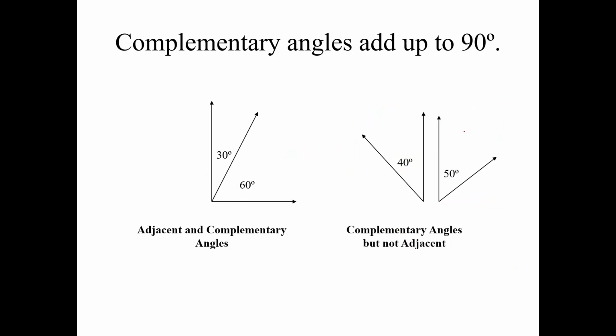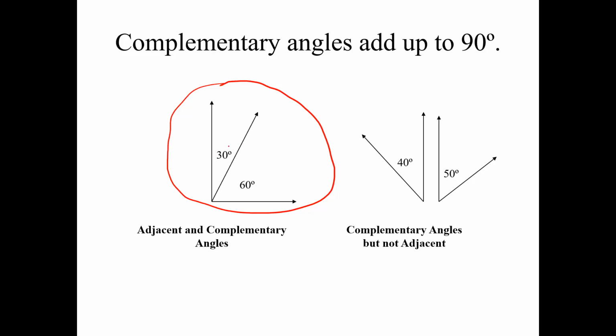Okay, the next one is the complementary angles. The difference between supplementary and complementary is pretty simple. Supplementary angles add up to 180, while complementary angles add up to 90 degrees. That's the only difference. In the first example here, we see two angles which share the same ray and are next to each other, which means that they are adjacent.